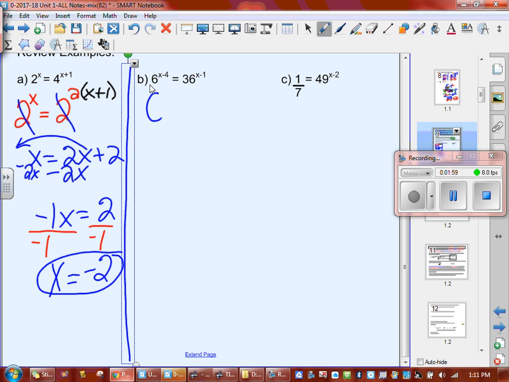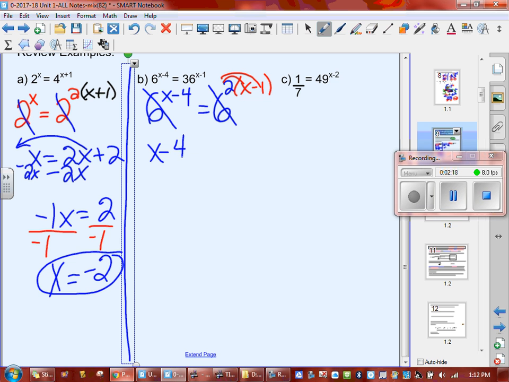On the left-hand side, it doesn't change. On the right-hand side, we're going to have 6 squared, and then the bracket, x minus 1. Now we can drop our bases, but we have to multiply into the brackets. Don't forget, this guy multiplies to both numbers. So x minus 4 equals 2x minus 2.